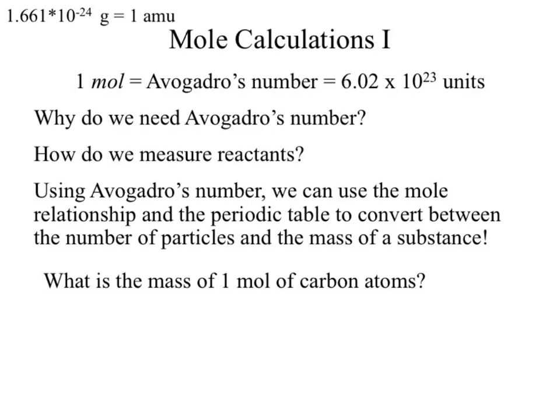You end up finding out that the mass of 1 mole of carbon atoms happens to be 12 grams, whereas the mass of 1 atom of carbon would have been 12 atomic mass units. Those relationships fall directly out of Avogadro's number.